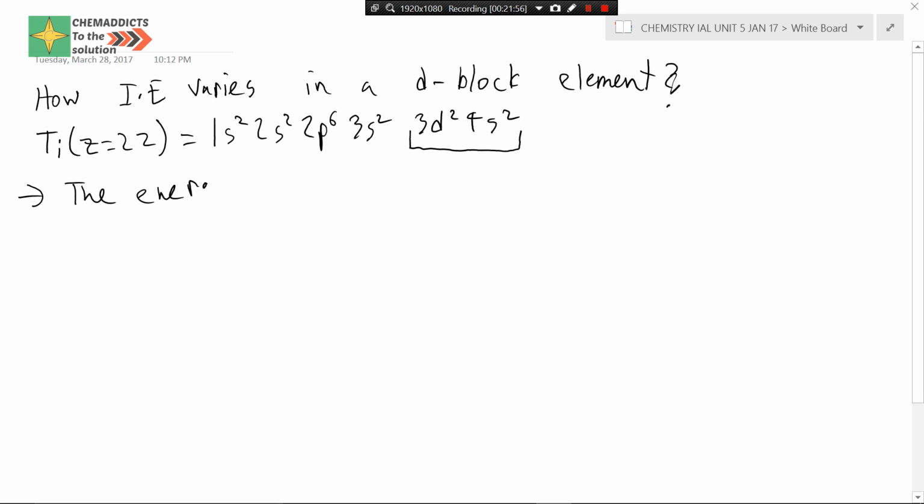This is one of the reasons why there is a similar, gradual increase in ionization energy while removing 3d and 4s electrons.